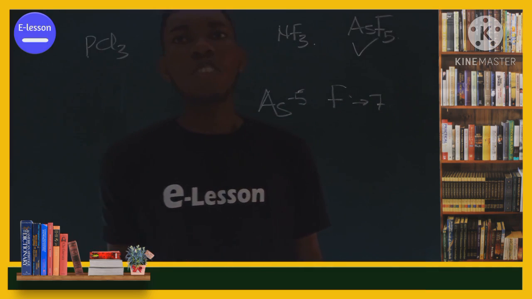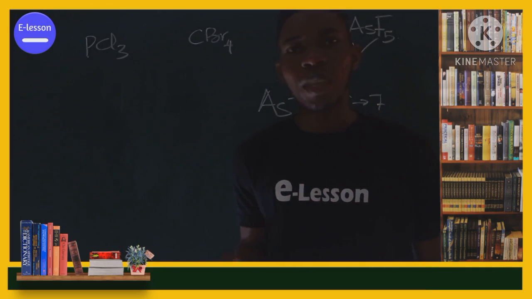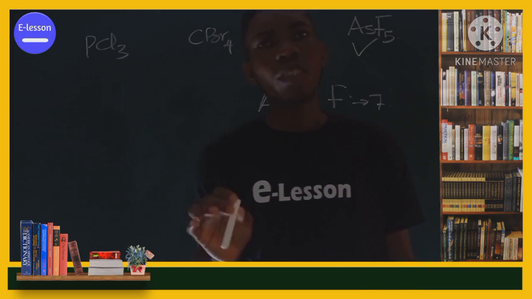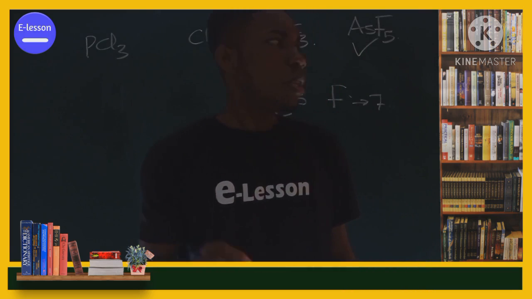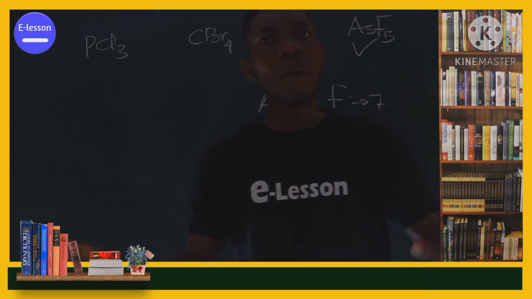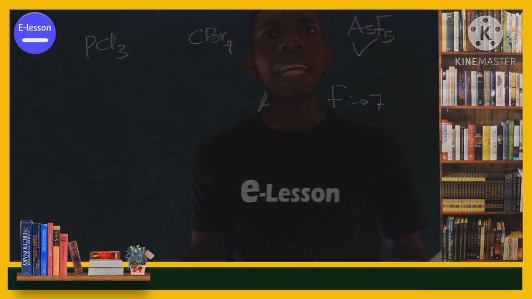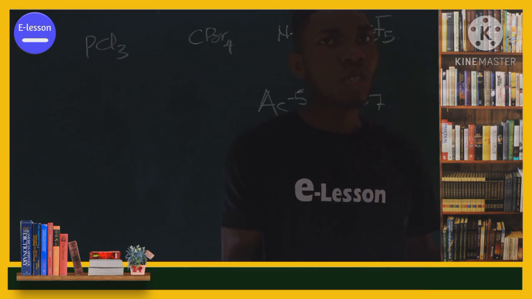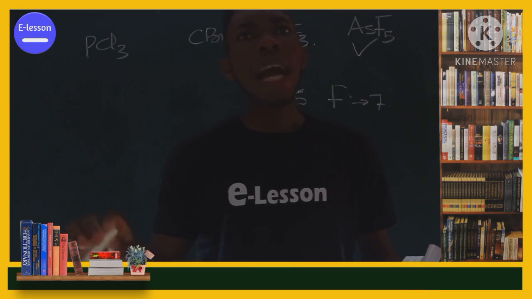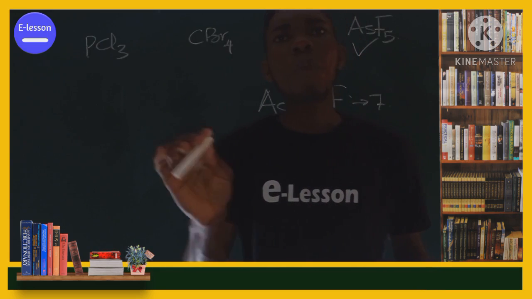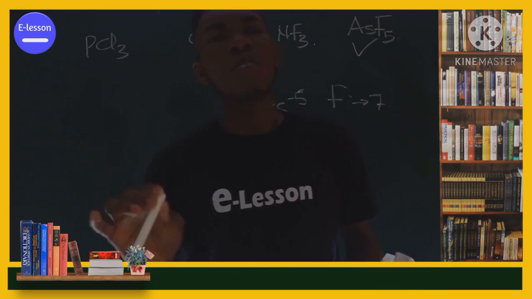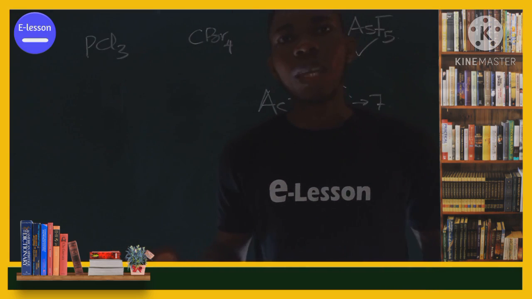While drawing the Lewis dot structure, the Lewis dot structure will actually give you information whether it violates the Octet rule or not. Because the reason why all atoms go into bonding is for them to complete the Octet rule as proposed by G.N. Lewis. Are we getting it now?